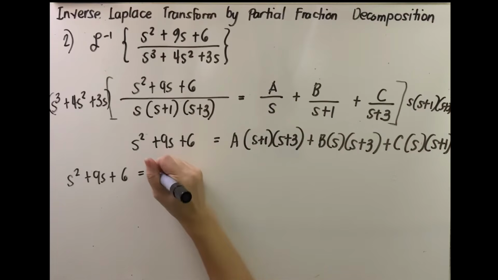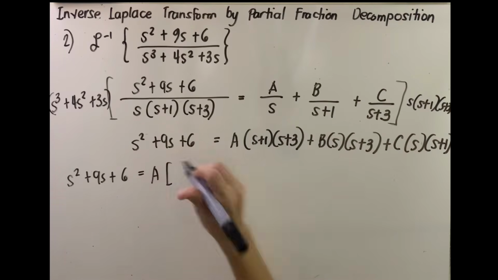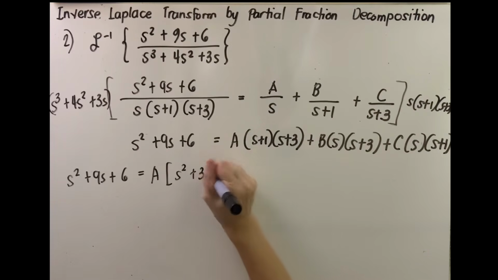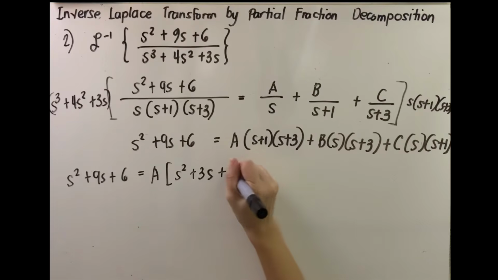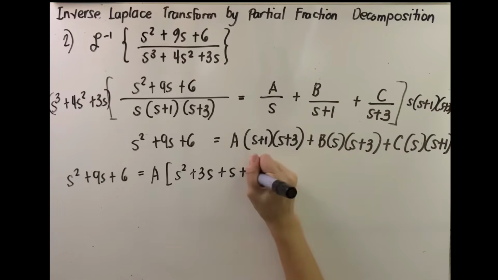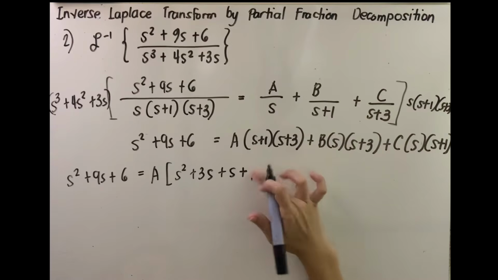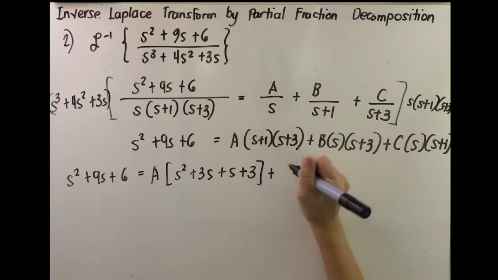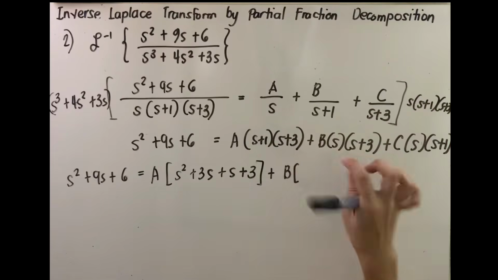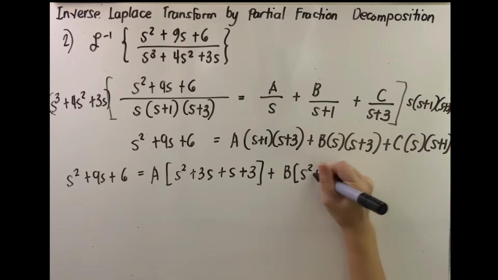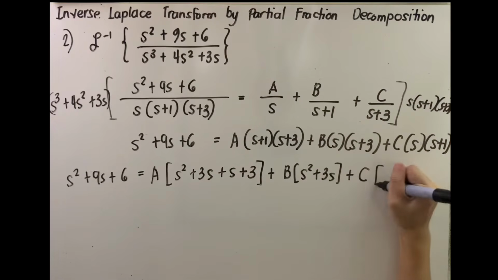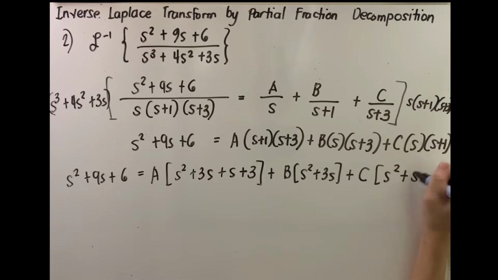O, sige, isa-isahin ko ba? A times, so s squared, first, outer FOIL method, 3s, inner, s, so we have 4. We have 3. Plus b multiplied by s squared plus 3s plus c times s squared plus s.